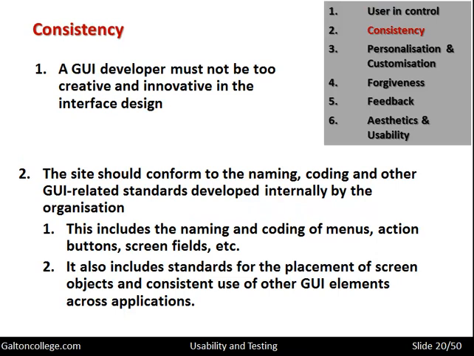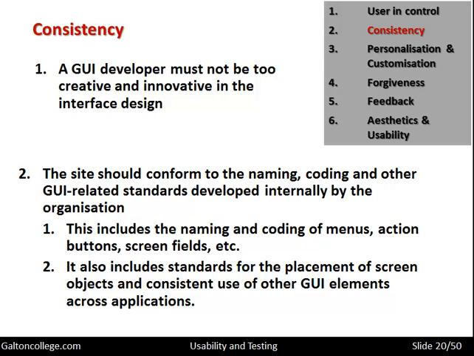Next we have consistency. A GUI developer must not be too creative, I should say, or innovative in the design interface. So by being too creative, it means maybe too sophisticated.